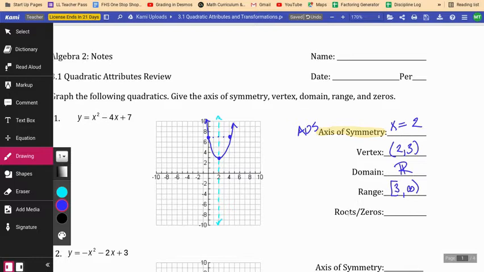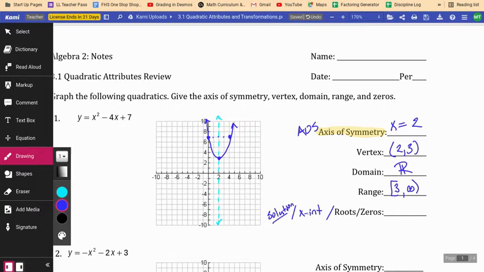And then this last one, these two words are kind of different: roots and zeros. This has 4 different meanings. The 3 most common are x-intercepts. X-intercepts are considered roots, which are also considered zeros. Sometimes these will also be your solution, but not always.